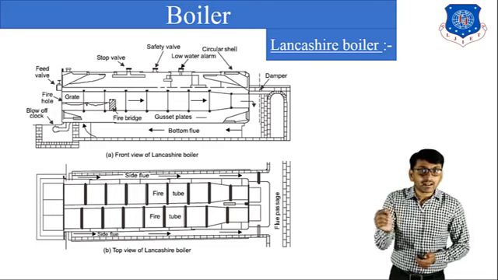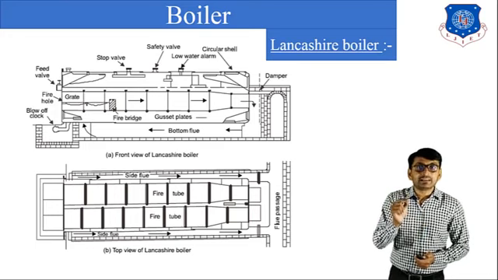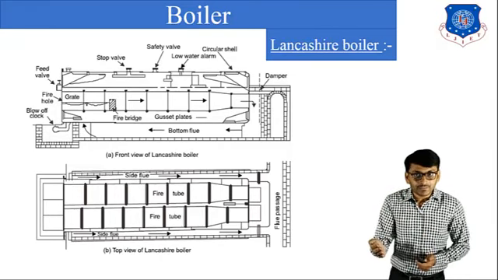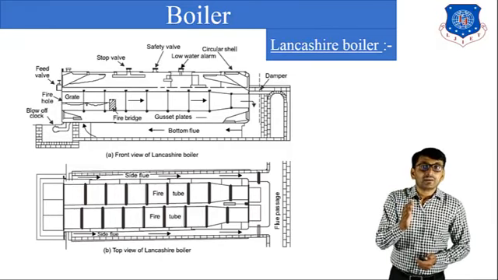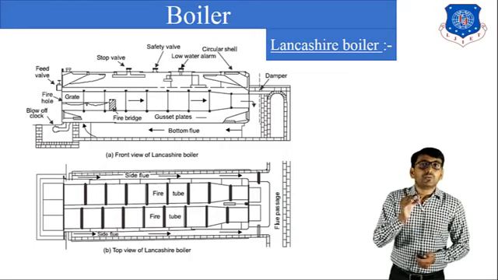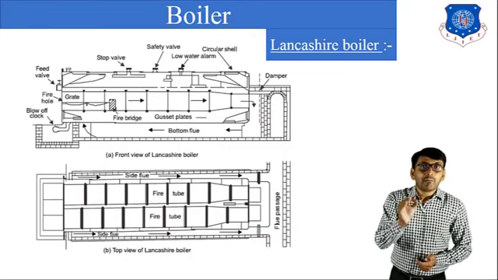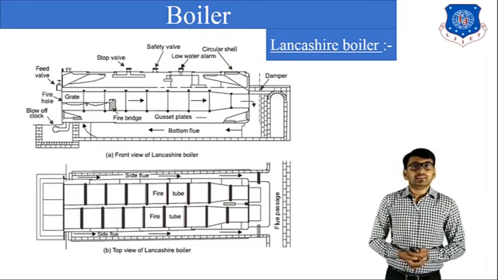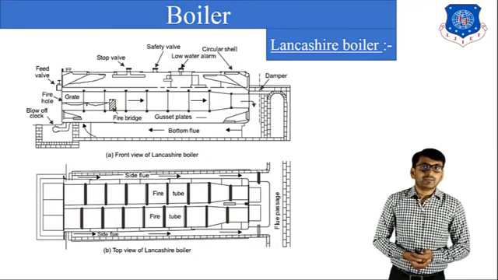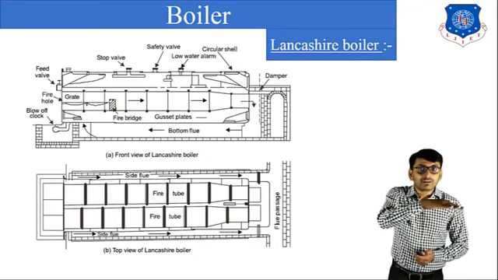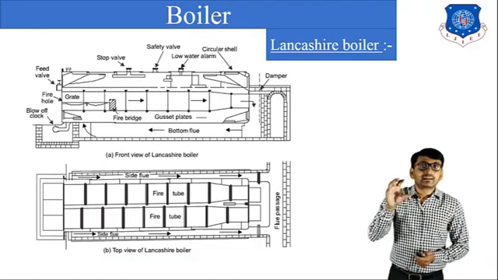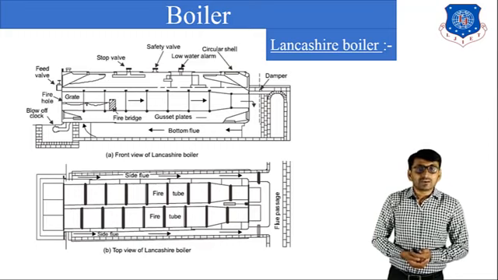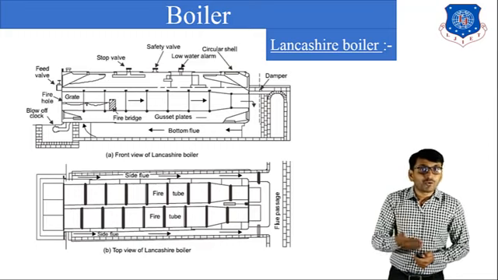Due to heat transfer between high temperature gas and water, water is converted into steam, and this steam we have to supply to a particular application by the steam stop valve. In this boiler there is a grate. What is the function of the grate? On the surface of the grate, combustion of fuel is carried out.